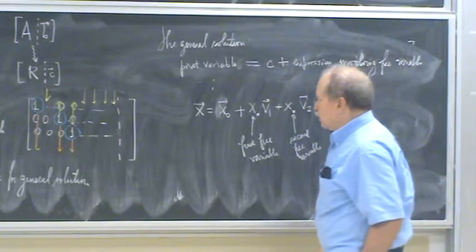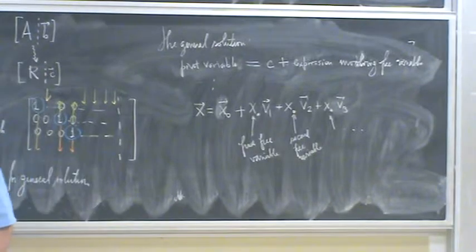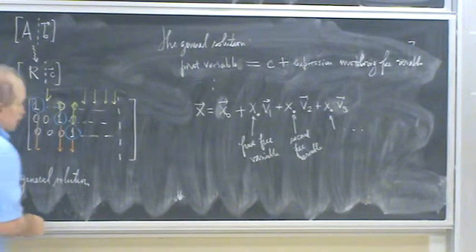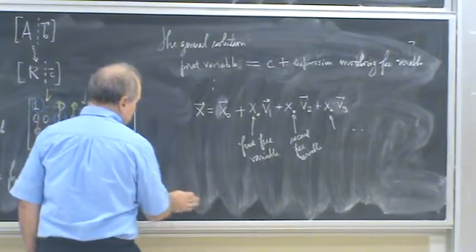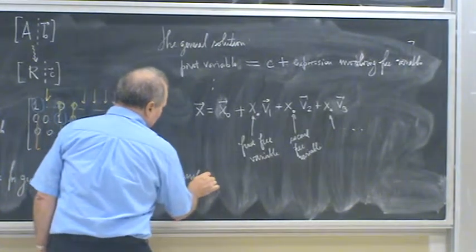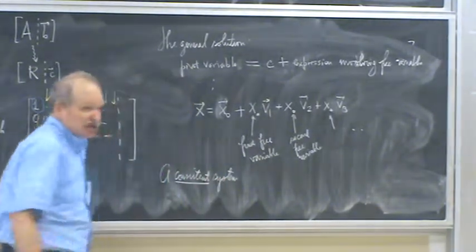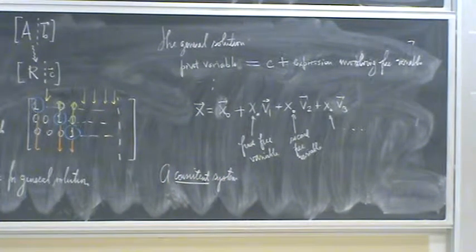So I want to now address questions about how many solutions you have. So what would it mean to say that a consistent system has a unique solution? Consistent means it has a solution. We didn't get a row of zeros here with a non-zero thing there. It has to have zeros there.